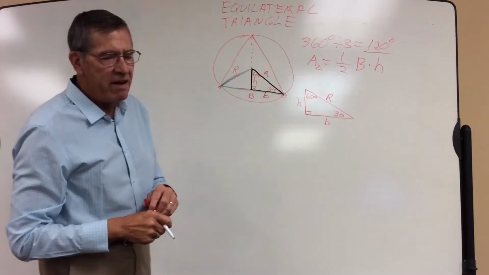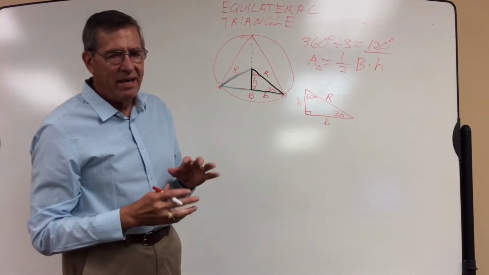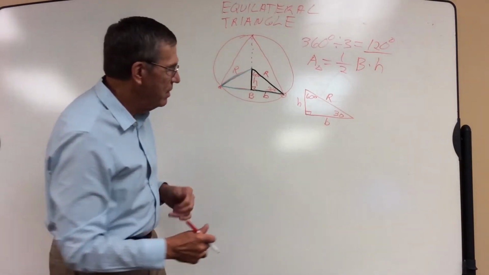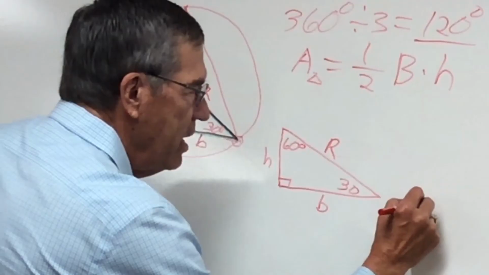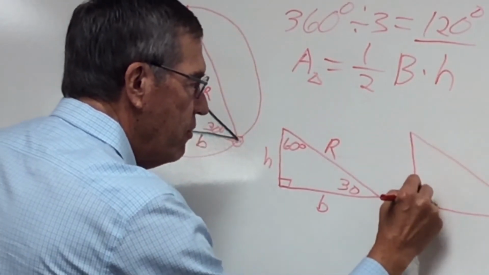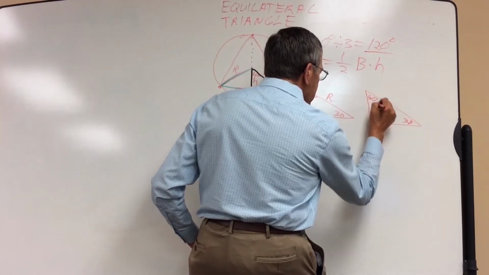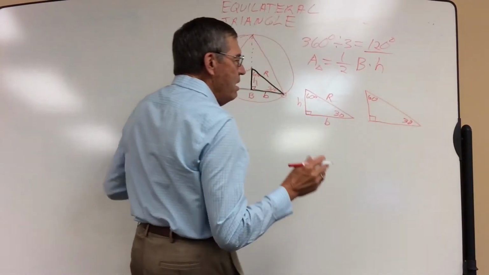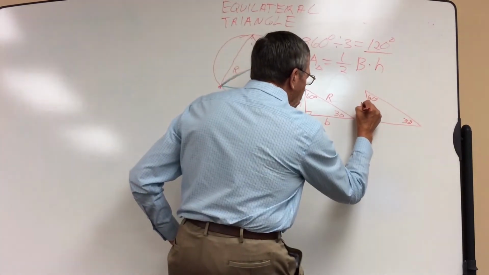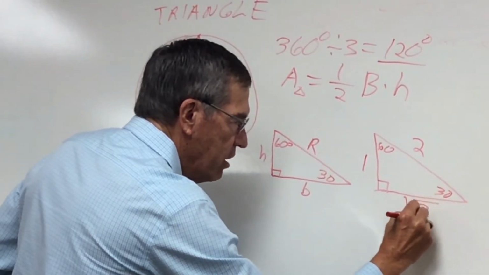Now, some of you may remember that this triangle has a special relationship among the sides. I'll draw right over here a standard 30, 60, 90. The ratio of sides for a 30, 60, 90 is 1 to the square root of 3 to 2.